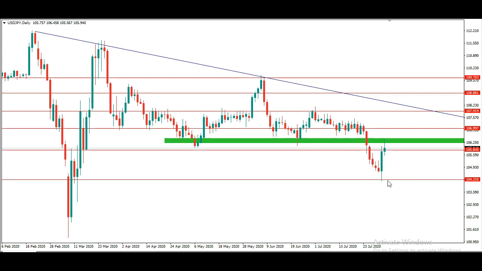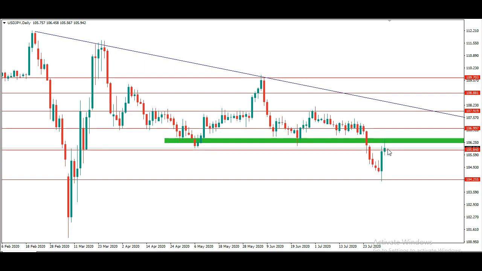And after that, on Friday, we had this massive green candle, which actually shows bullish pressure in the market, and we have the area retesting the previous weekly support as new resistance at this point, and we're having a rejection of that level, which is actually showing that the bears are gradually taking control of this market once again.